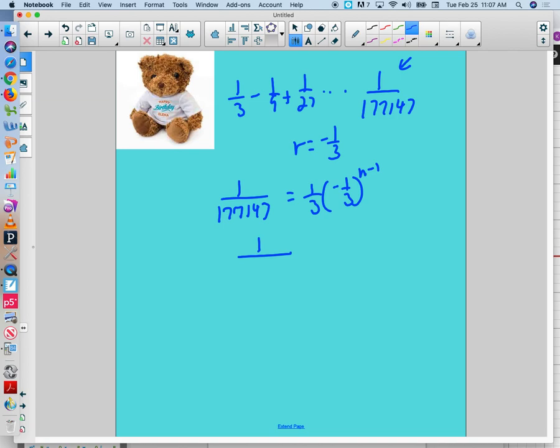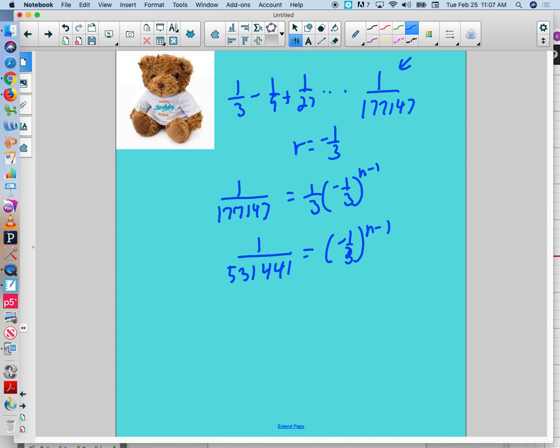And I have 1 over 531,441 equals negative 1/3 to the n minus 1. If you're using logarithms right now, just don't put in the negative 1/3. Leave it 1/3 because you're going to get to that number. You can put in the negative later. I don't know if I'm saying that very well. I'll do it with another number in a minute, but let's just finish this one.